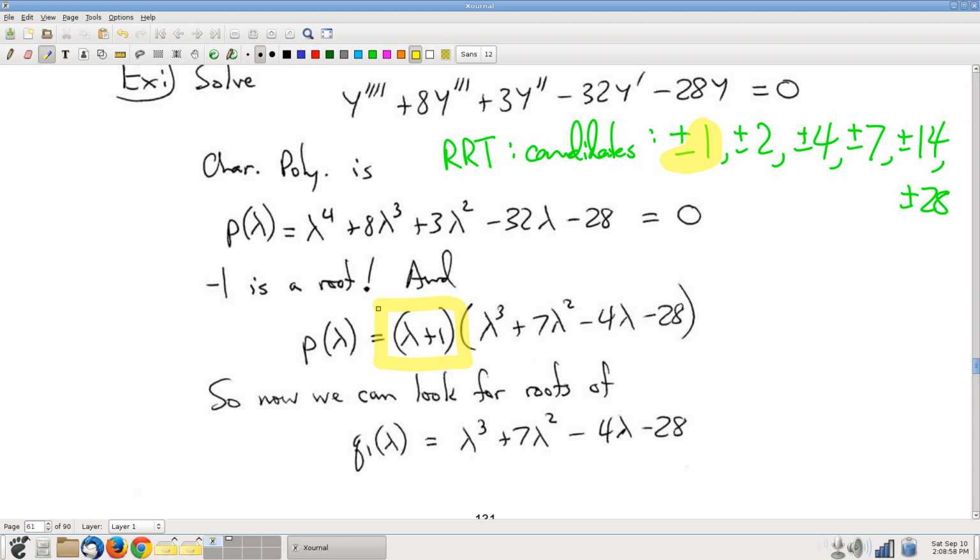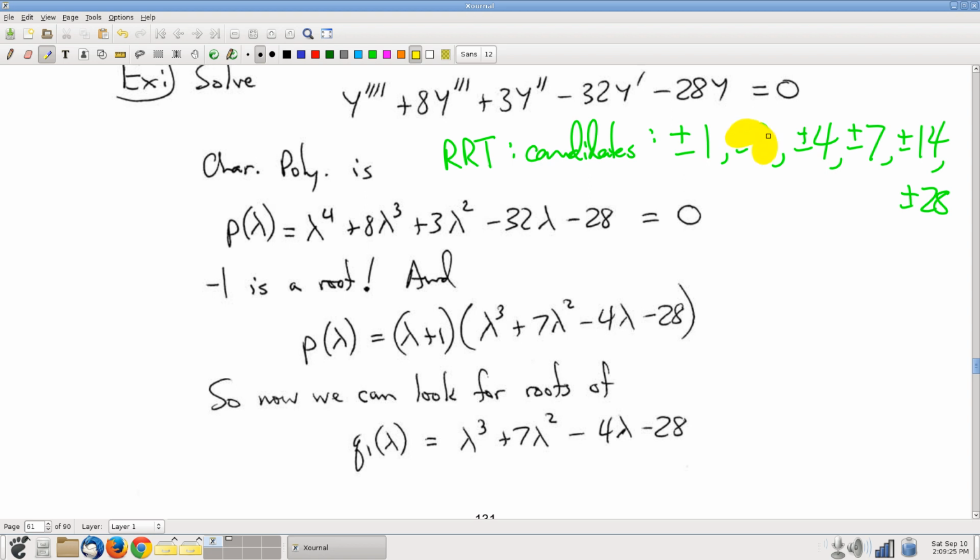The fact that there is a factor of lambda plus 1 does not eliminate the possibility that this might also have a factor of lambda plus 1 as well. Right? A polynomial can have multiple copies of the same factor. So the negative 1 I do have to try. I do have to plug that in and see what I get. And unfortunately it doesn't work. Okay, all right, well, nevertheless we had to try it.